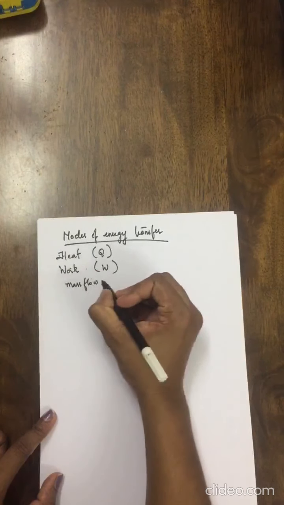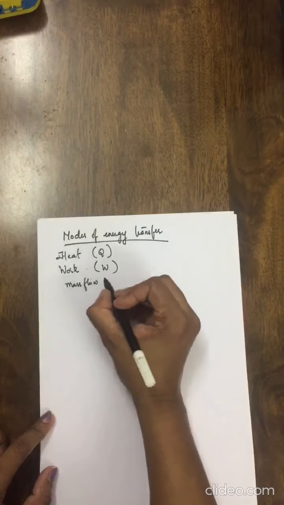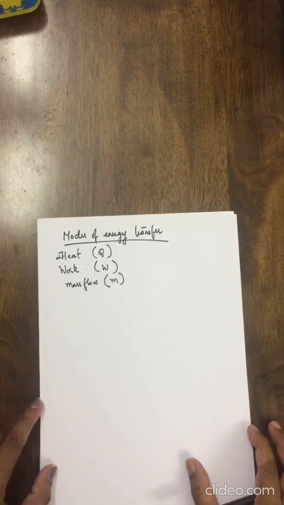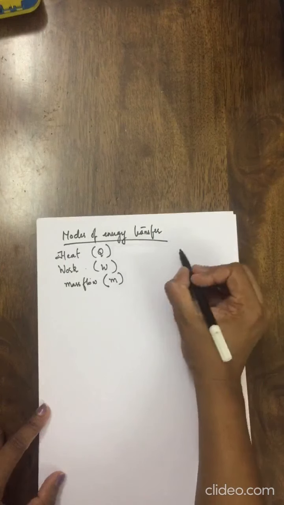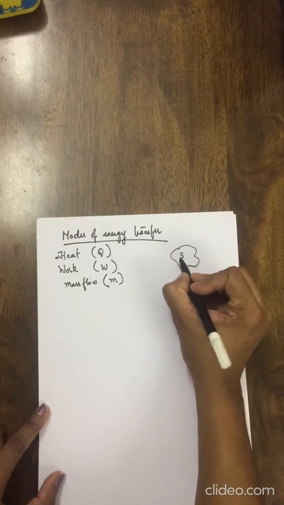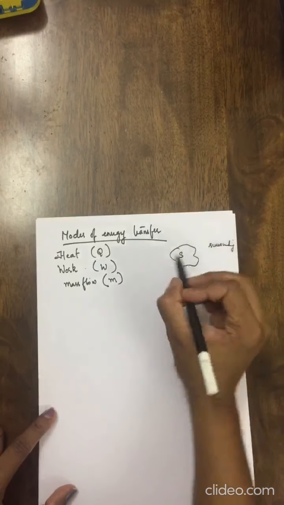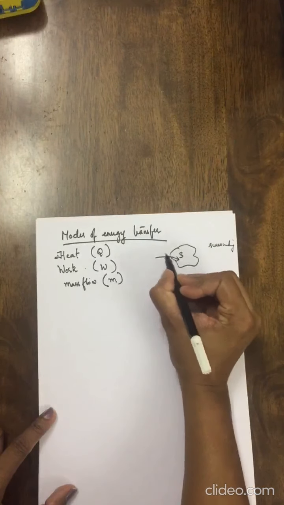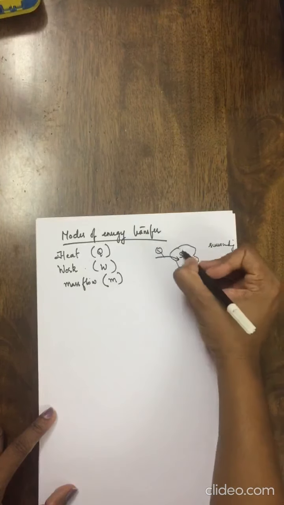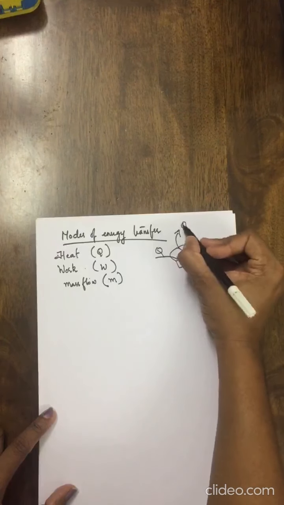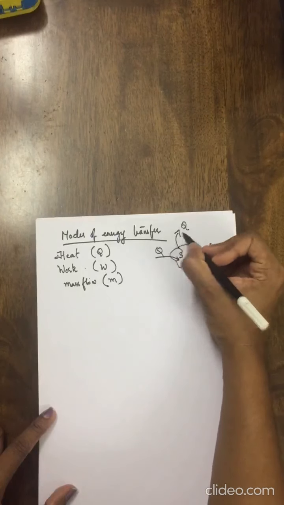When mass enters and leaves the system, there is energy associated with mass flow in and out of the system. So if you have a system and surrounding, the energy transfer in and out between the system and surroundings in terms of Q, heat transfer mode.